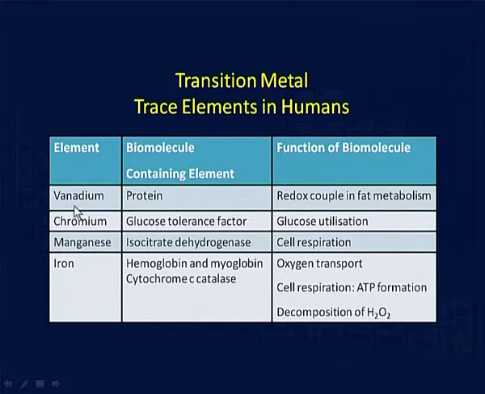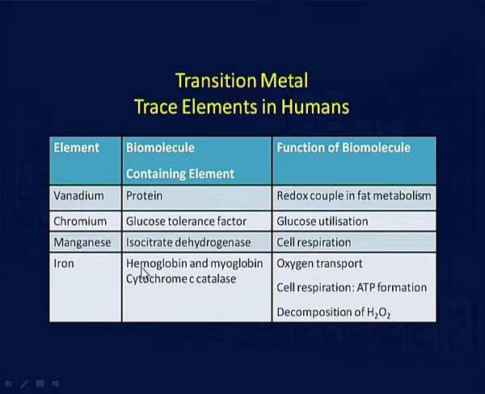Now, let us see what the role of a transition element in the biological system is. We have vanadium, which is part of some protein molecules, and its function is as a redox couple in fat metabolism. Chromium is also part of the glucose tolerance factor, and glucose utilization in the body is governed by chromium.